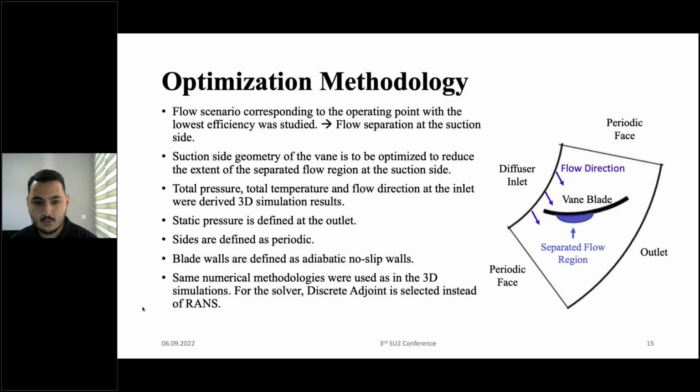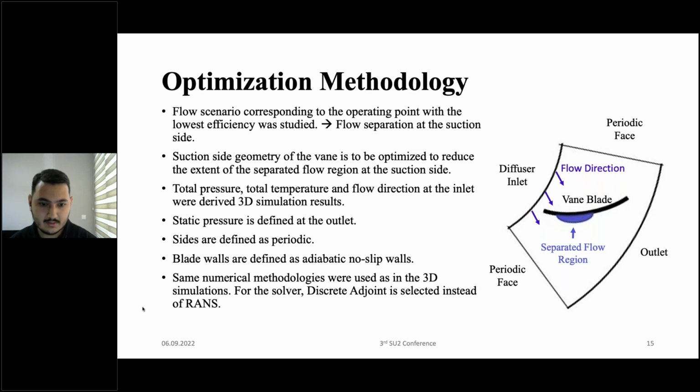The flow scenario corresponding to the operating point with the lowest efficiency was studied, where we experienced flow separation at the suction side, as I show here in the schematic.